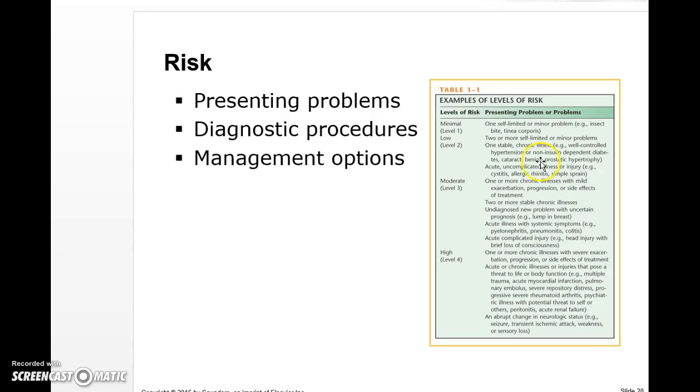Let's take a look, for example, at moderate risk, level 3: 1 or more chronic illnesses with mild exacerbation, progression, or side effects of treatment; 2 or more stable chronic conditions; an undiagnosed new problem with uncertain prognosis, like a lump in the breast; acute illness with systemic symptoms, for example, pyelonephritis, pneumonitis, colitis, etc. So all of this information is in your book. This is not something that you're going to absorb right away, but at least you know what it means when we talk about risk to the patient.